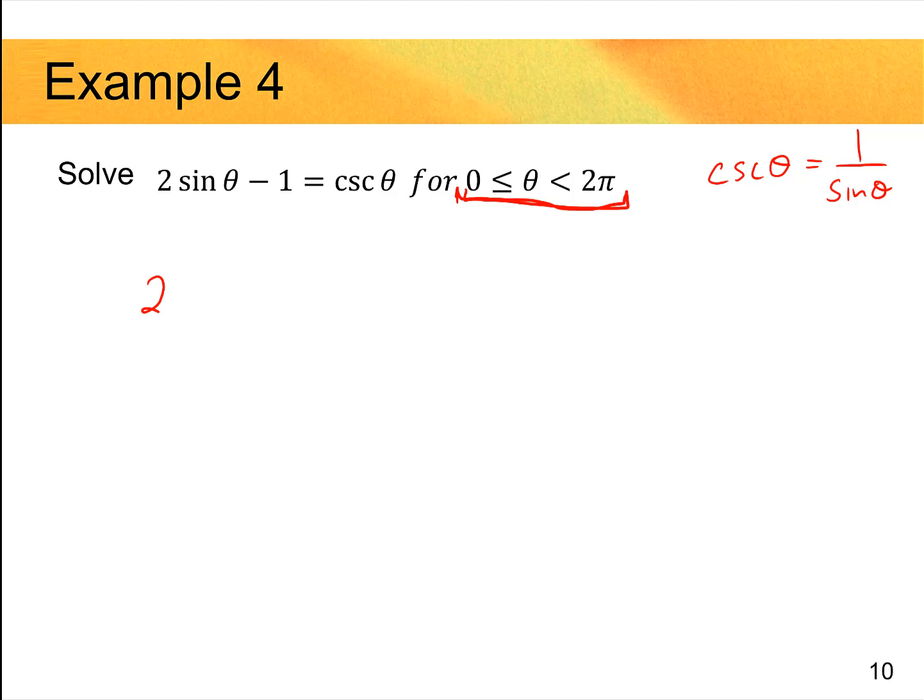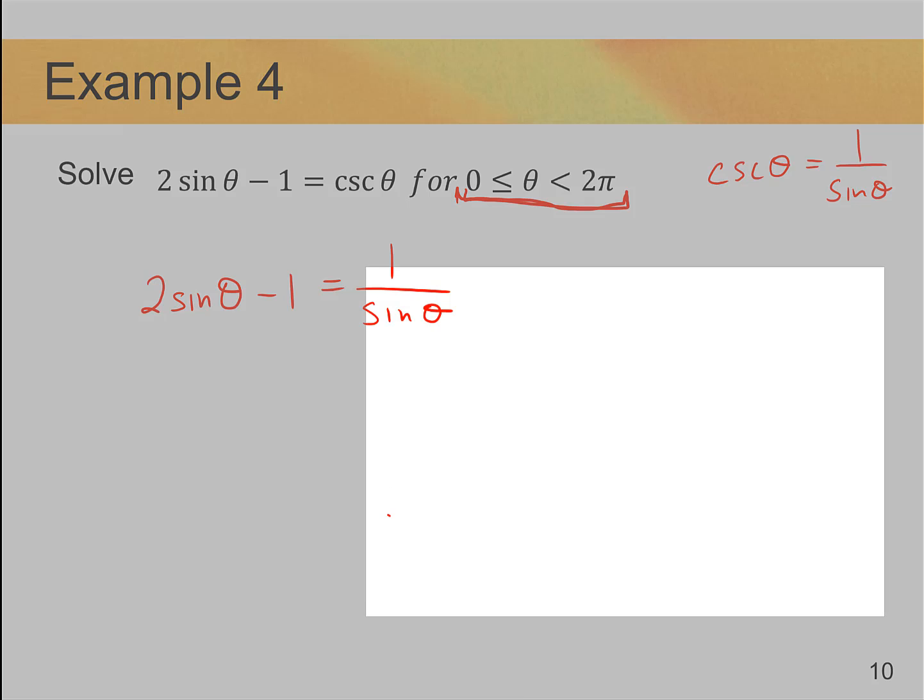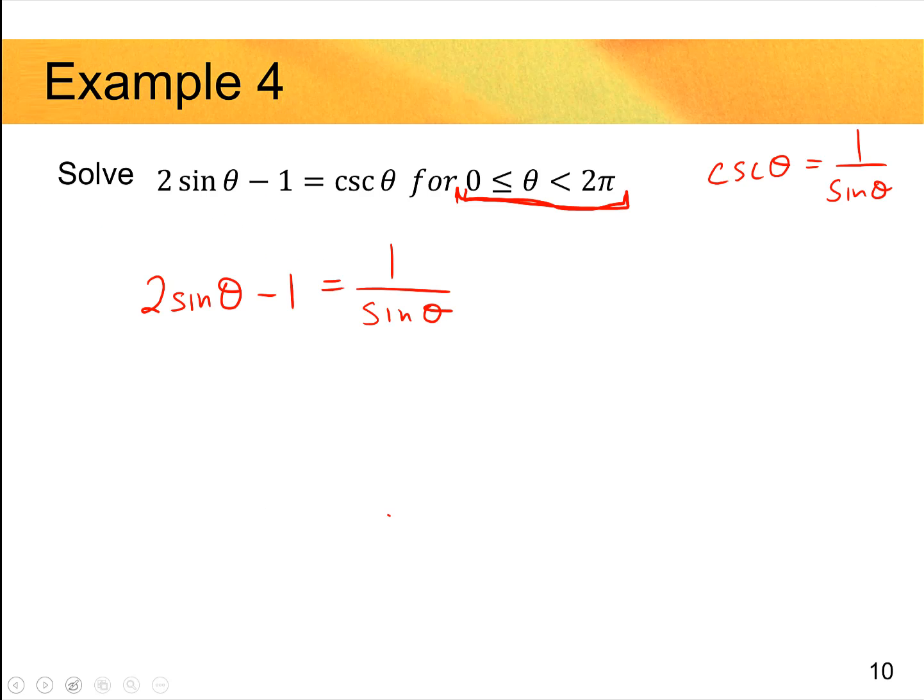So the left side is still 2 sine theta minus 1. Cosecant is 1 over sine theta. And for us to clear our denominator, we are going to write on the side somewhere, if we ever get answers of sine theta equal to 0, we're going to discard them.